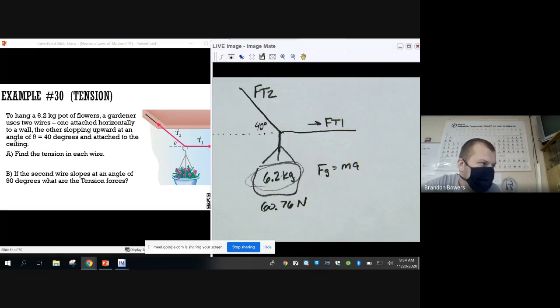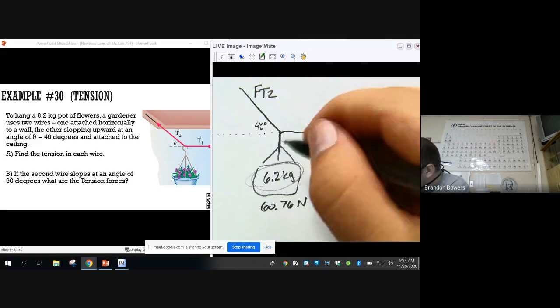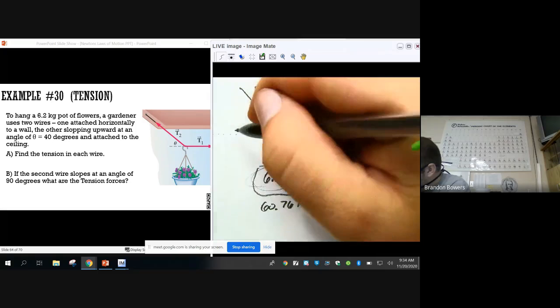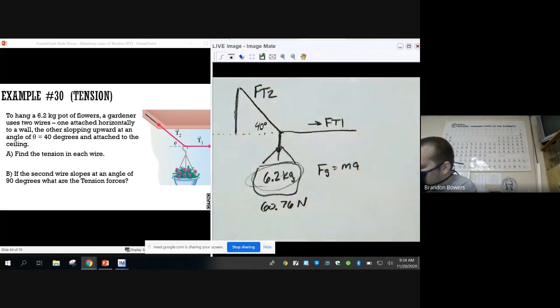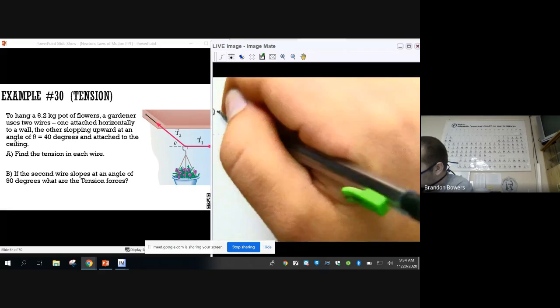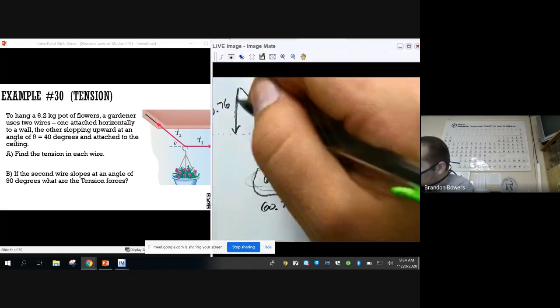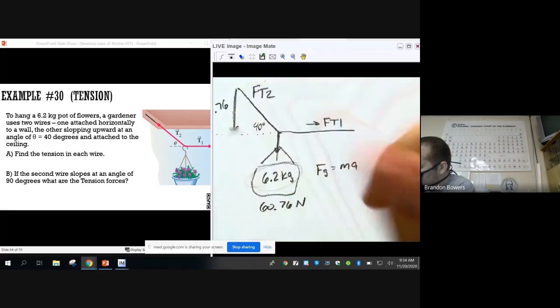That's the force acting down on it, which means the tension up here, guess what that's going to be? 60.76. I drew the arrow wrong, my bad.